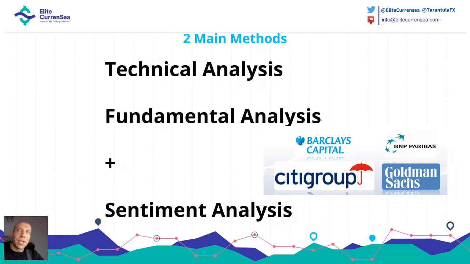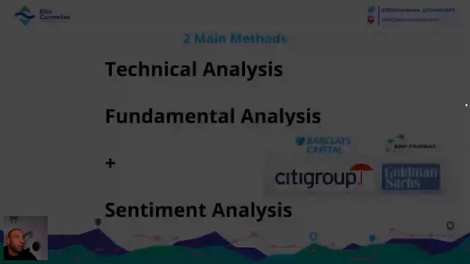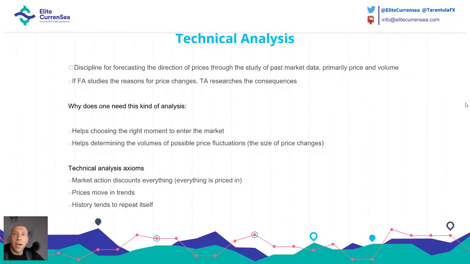For trading purposes, above all is technical analysis, so we will be dealing mostly with technical analysis. I will, of course, mention fundamental analysis, and I will teach you how to trade on news. But technical analysis is what you should be basing your trades on. Now, let me quickly give you a summary of technical and fundamental analysis, and if there are any questions, you will be able to ask me.